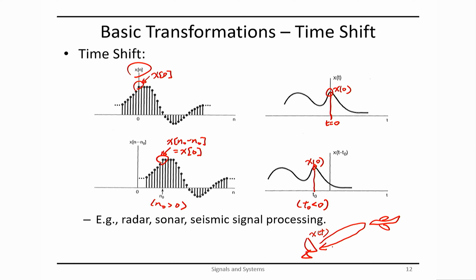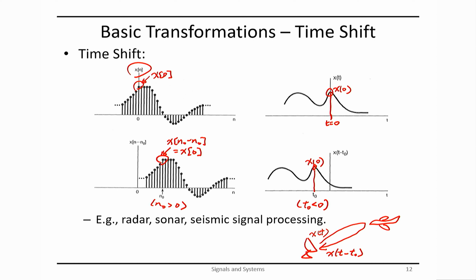What you observe here is x of t minus t naught, where t naught is the propagation delay. T naught is the time that it takes for the signal to travel to the airplane and then back. So what you observe here is a time-shifted version of what you transmit.